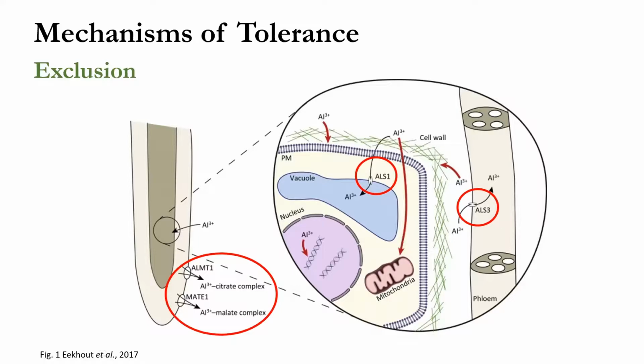And the stable chelation complex is either sequestered into the vacuole or excreted into the apoplast or soil particles by these ALMT1 or MATE1 transporters. Here, the ALS3 transporter can actually export the chelated aluminum into the shoot to alleviate the toxicity in the roots.